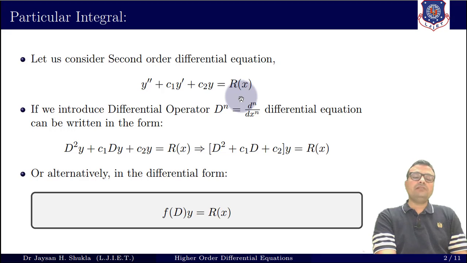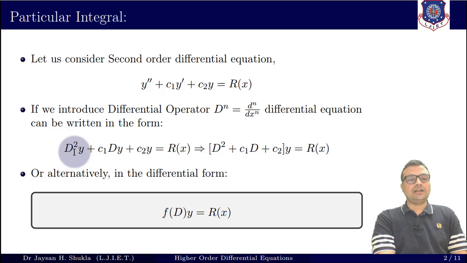Now, it will be convenient for us to define an operator known as capital D. So D raised to n is d by dx whole raised to n. Now everywhere in place of dash, double dash and so on, we can take D, D square and so on. So I can consider the operator form of the given differential equation.